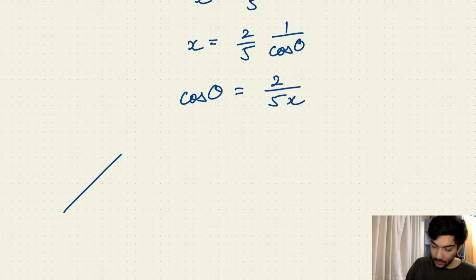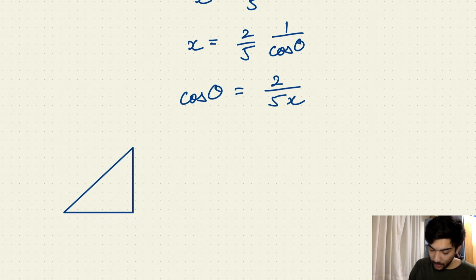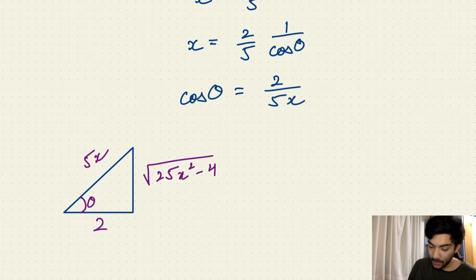Since cos theta is basically base upon hypotenuse, if we consider this angle to be theta, the base is 2 and the hypotenuse is 5x. Now if you want to calculate the perpendicular using Pythagoras theorem, this would be equal to the square root of 25x square minus 4, which is simply under root c square minus b square. So now we have this side.